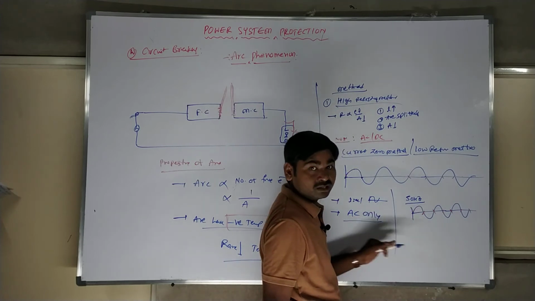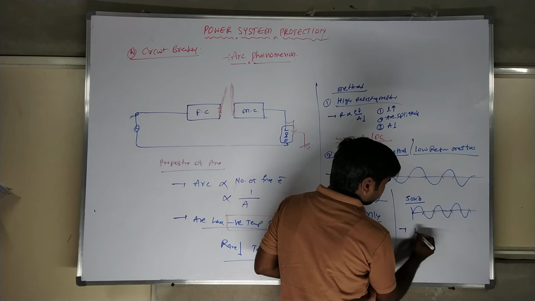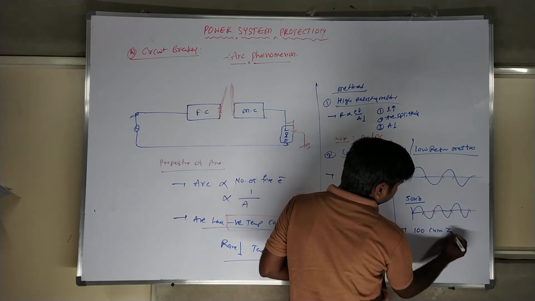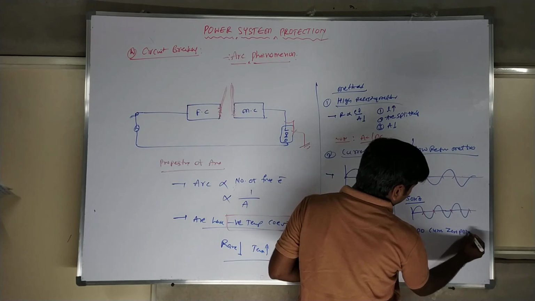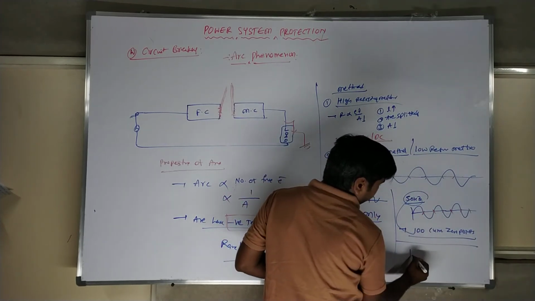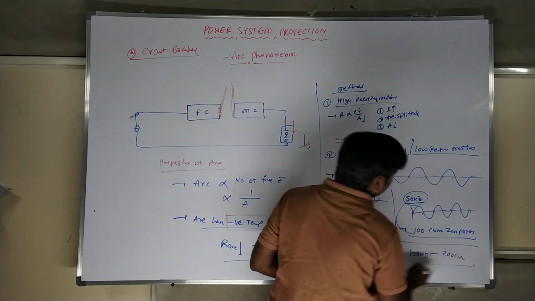This should not be counted separately, it is a continuity. For a 50 Hz power supply, we have 100 current zero points. For a 100 Hz power supply, we have 200 current zero points.